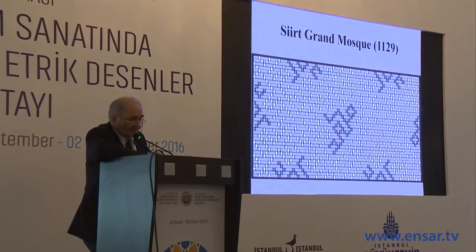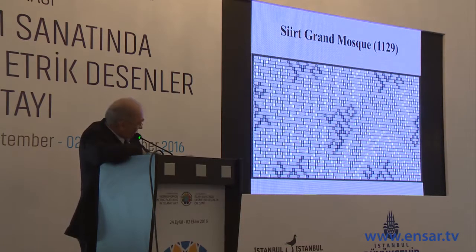The five-name composition on the base of minaret of Siirt Holy Mosque is resolved correctly, and it is restored as you see in the picture. You can see Muhammad and Abu Bakr, Umar, Osman, and Ali.